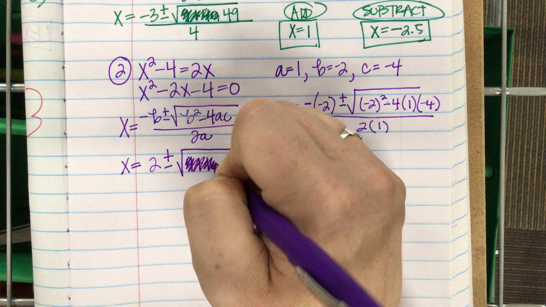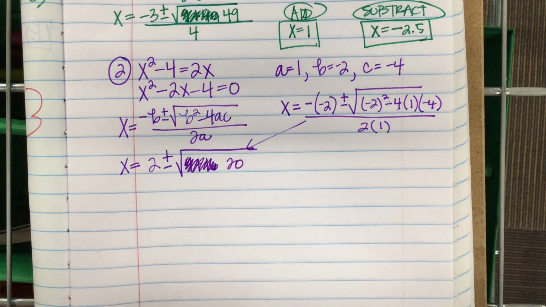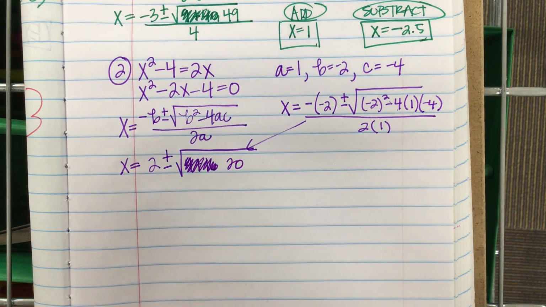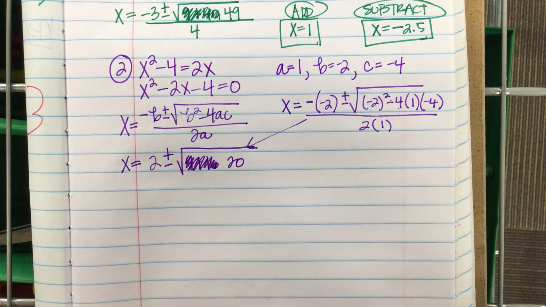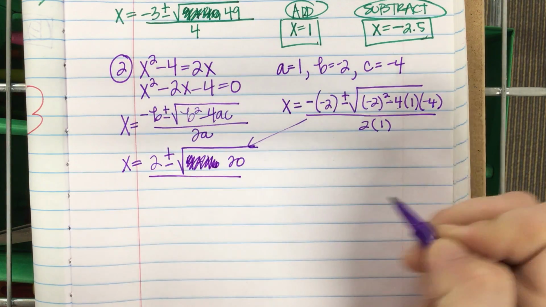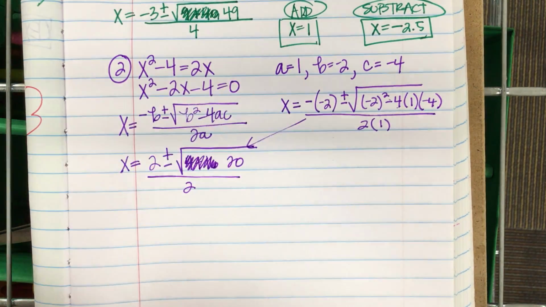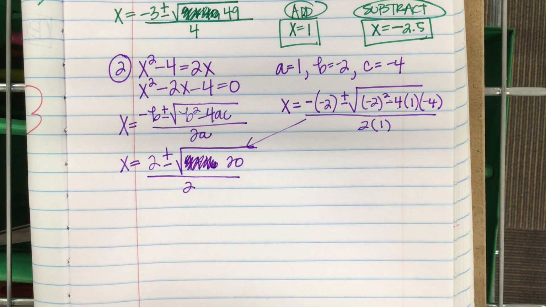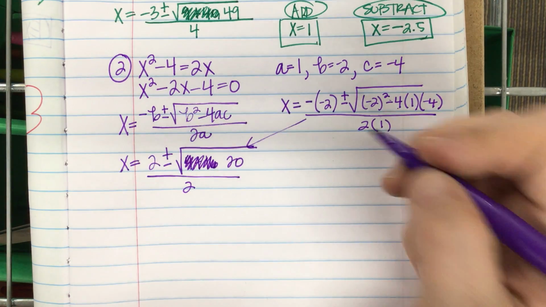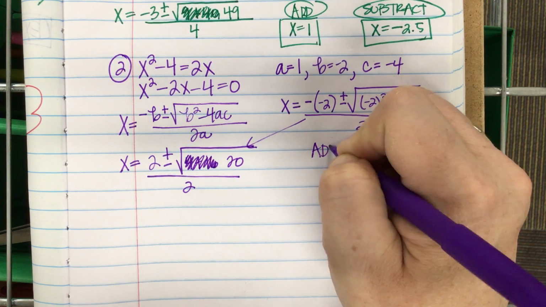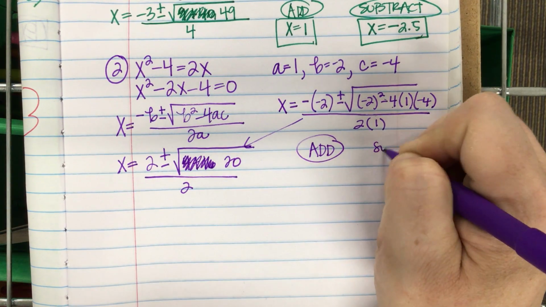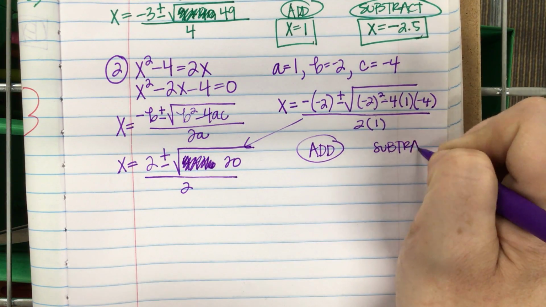Now I'm going to think to myself, wait a second, Mrs. Long. I don't know the square root of 20, so that tells me my answer is going to be what? A decimal. Divided by 2 times 1 is 2. Now you can use your calculators. We're going to add the first time, and we're going to subtract the second time.